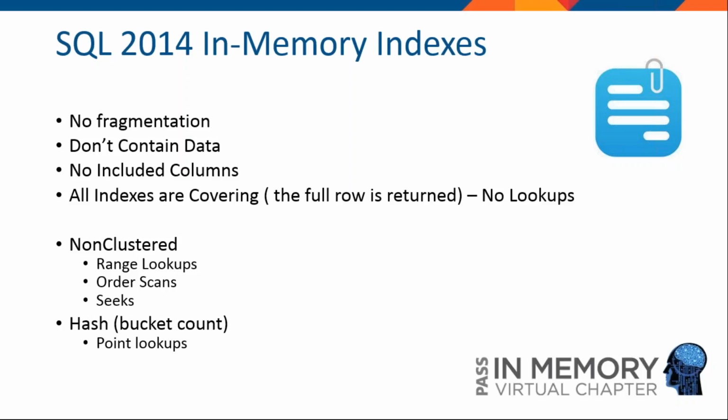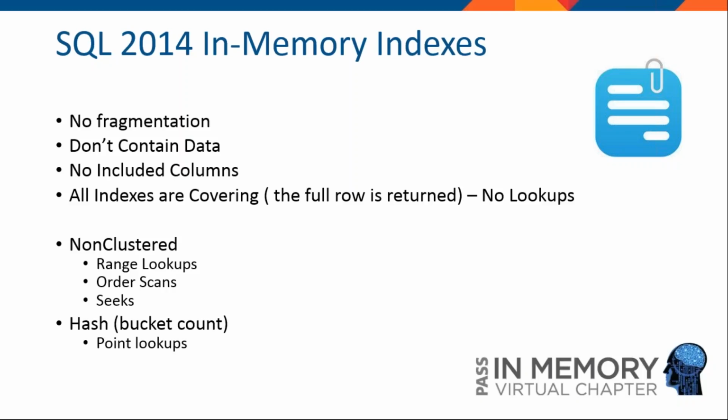And the non-cluster in-memory indexes are good for range lookups, ordered scans, and performing seeks against your data. Then you have another type of index, which is called the hash in-memory index.